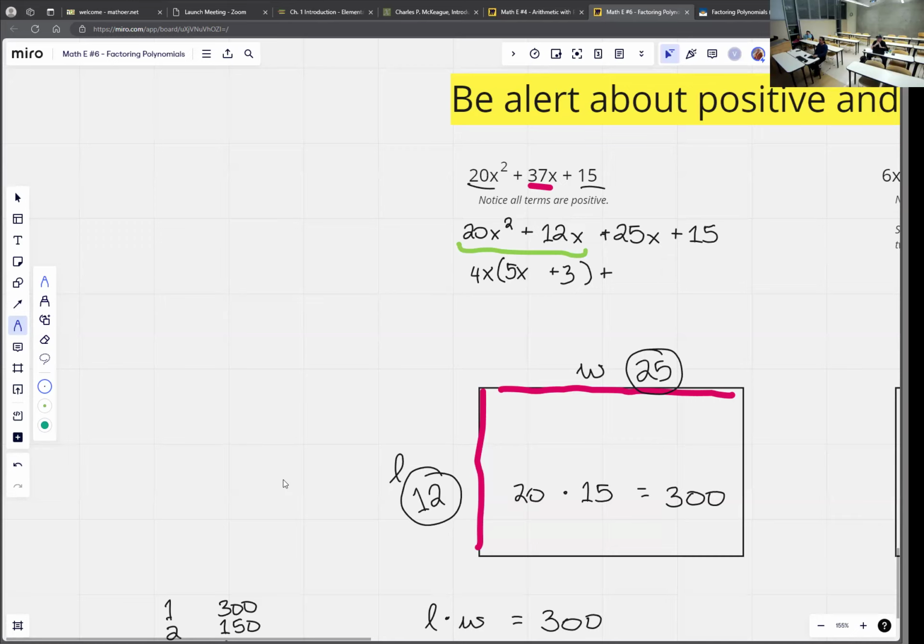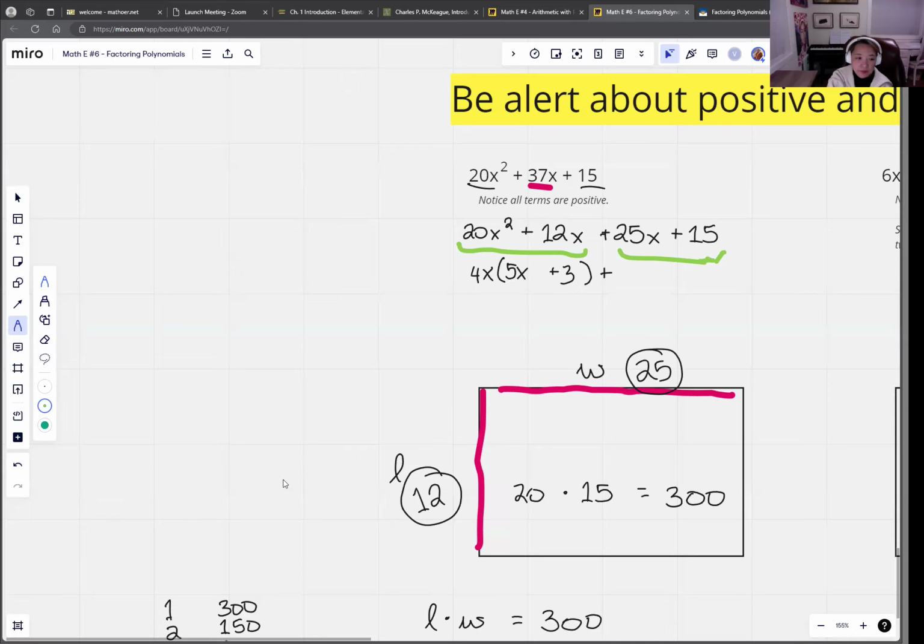There we go. Now this is starting to feel kind of magic. What's the biggest thing in 25x plus 15? That's my next part. Whoa, that's a giant thing. Let's not write that. So what's the biggest number part in common to 25 and 15? 5.